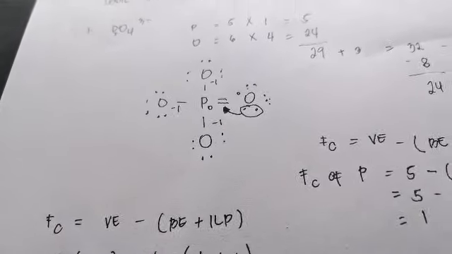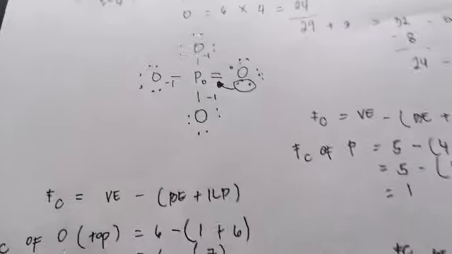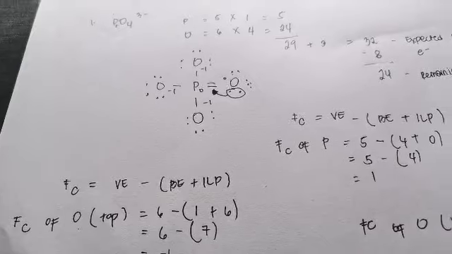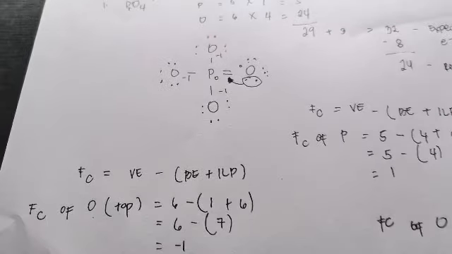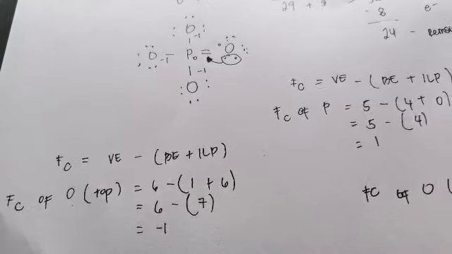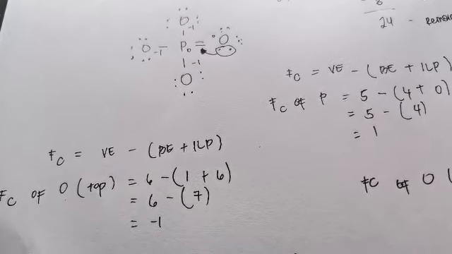Okay, so tapos natin kinuha yung mga formal charges ng central atom at yung branch elements. Now, yung mangyayari is kukunin natin yung total charge.